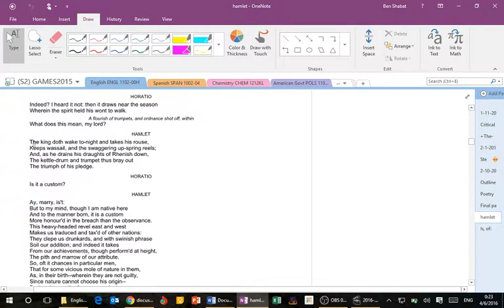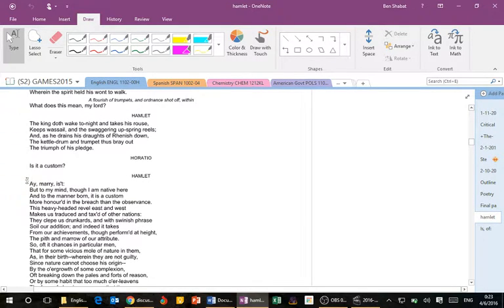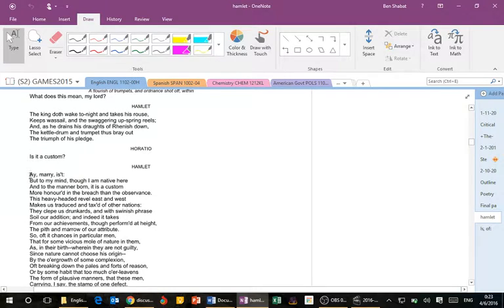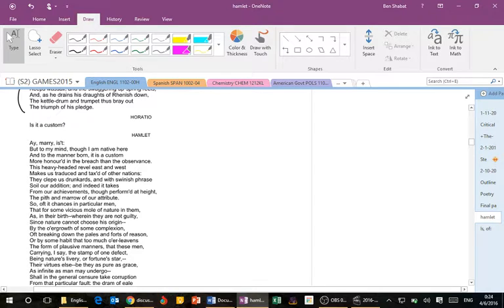For example, here Hamlet is talking about some of the customs, and then here Hamlet's response to that is basically that, no one actually obeys these customs, and I think that's, in its own sort of way, Shakespeare talking about society in general, how we set ourselves a lot of rules, but then we don't necessarily follow them.